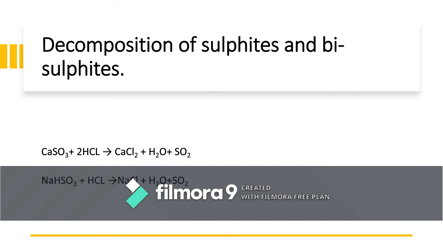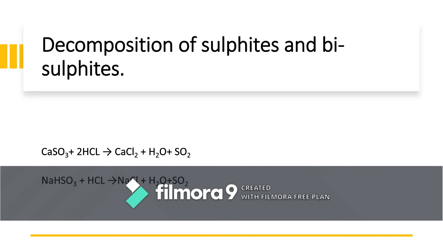Next, we will study decomposition of sulphites and bisulphites. Calcium sulphite, sodium sulphite, potassium sulphite. Whenever you react with a dilute acid, it always gives you salt, water, and sulfur dioxide gas. So the gas evolved is sulfur dioxide.